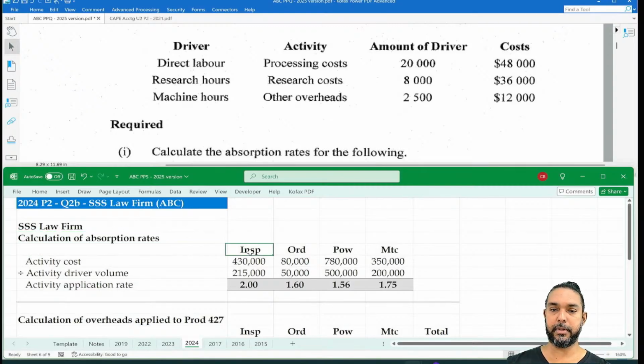Okay, cool. So we have processing costs, research, and other.